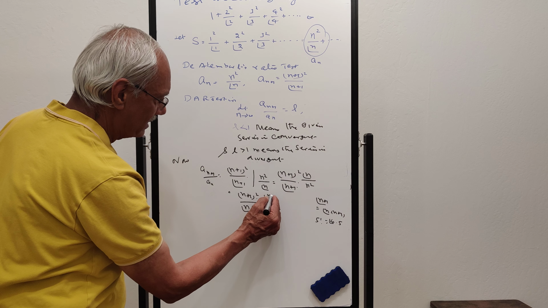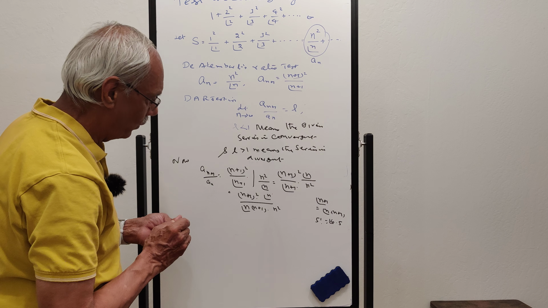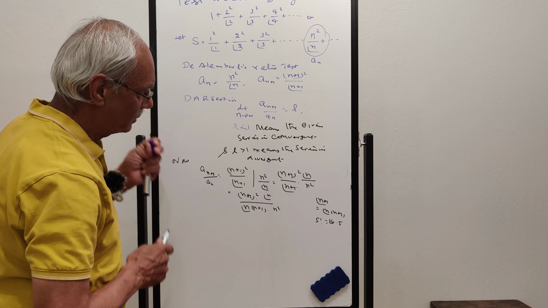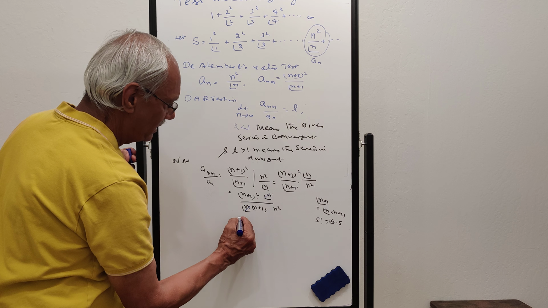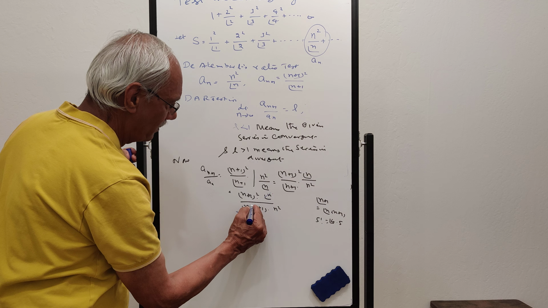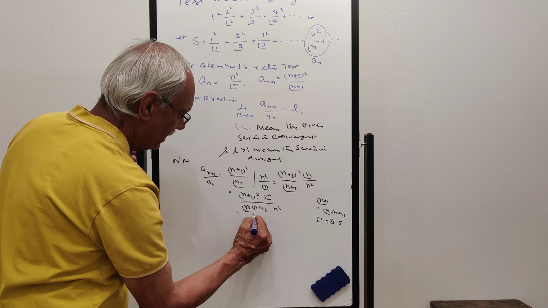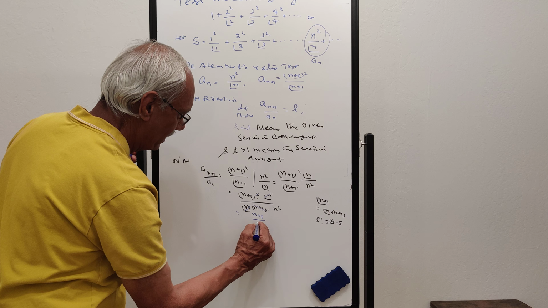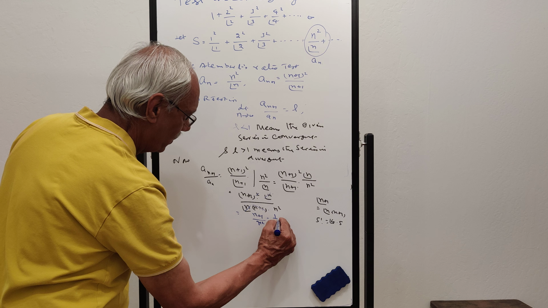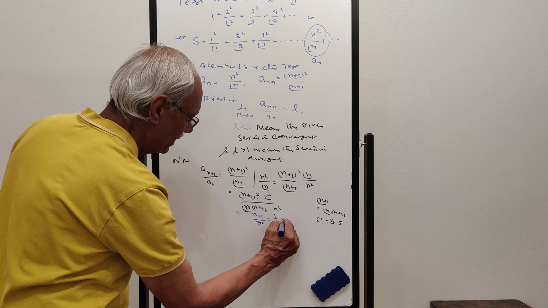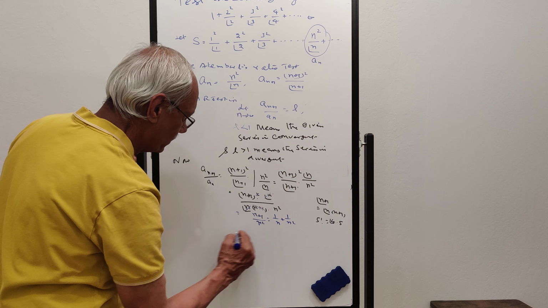You see that these two will go off, and this n plus 1 and this go off, giving you n plus 1 divided by n square. That is equal to 1 by n plus 1 by n square.